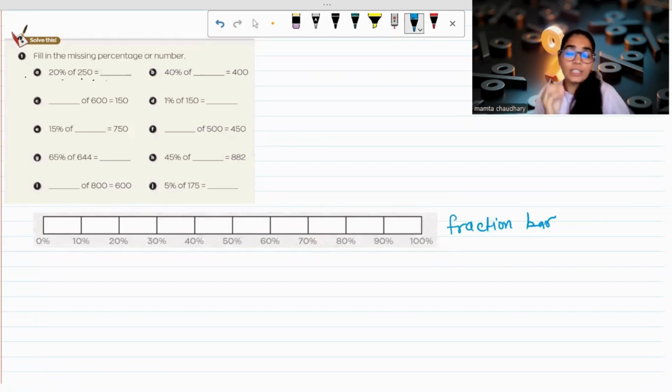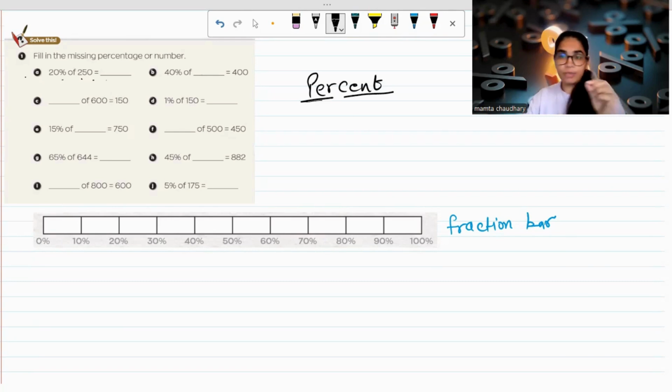As the topic is percent, what is the topic? Percent. Percent means per 100. So here we have divided this whole fraction bar into 10 equal parts.